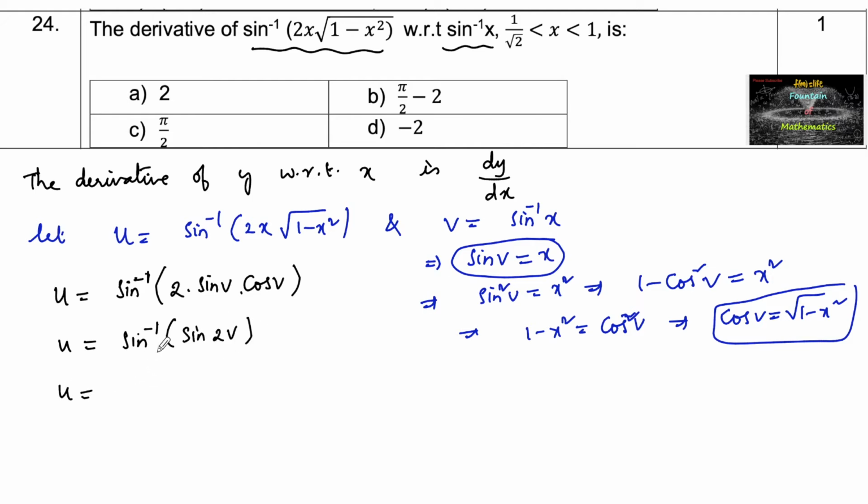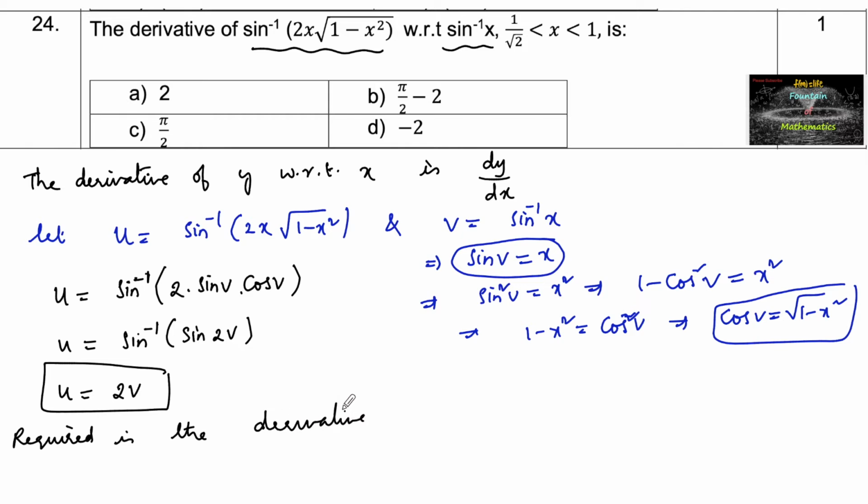So u is equal to sin inverse of sin 2v, which is equal to 2v. Now what is required here? The derivative of sin inverse of 2x root over 1 minus x square, that is u, with respect to sin inverse x, that is v. So it is nothing but du by dv.